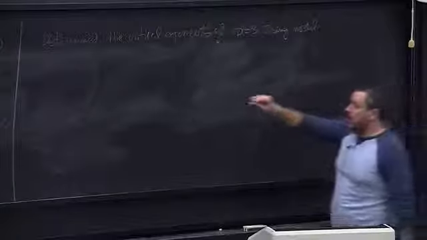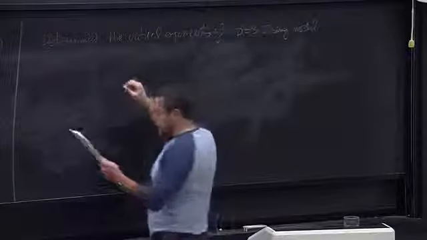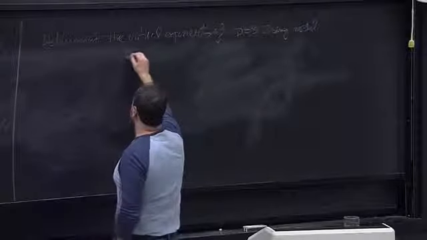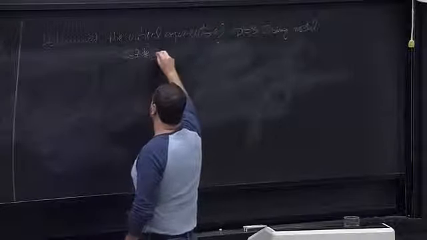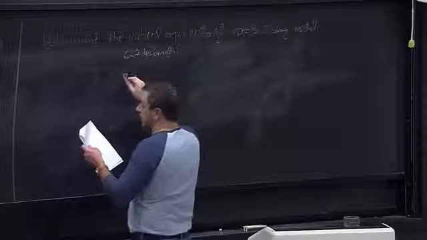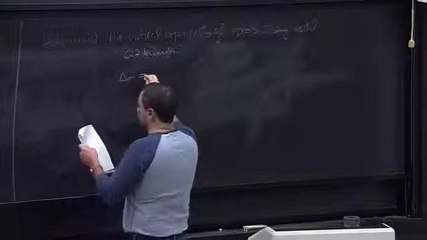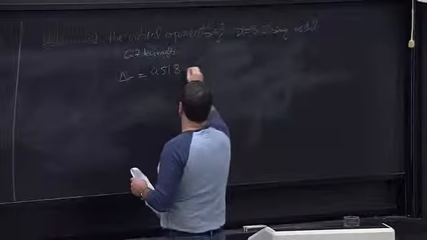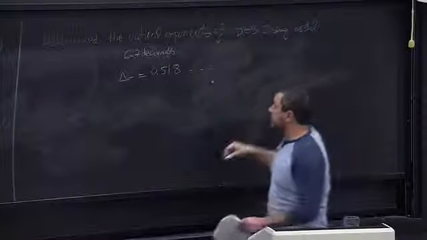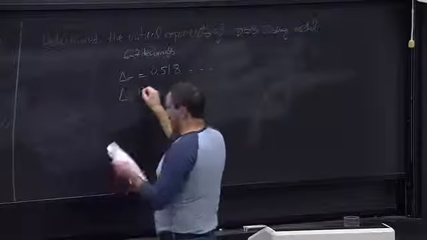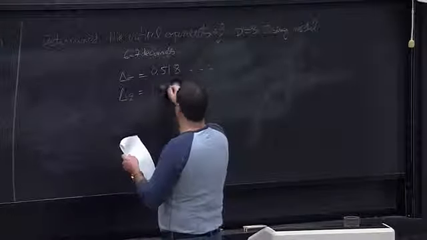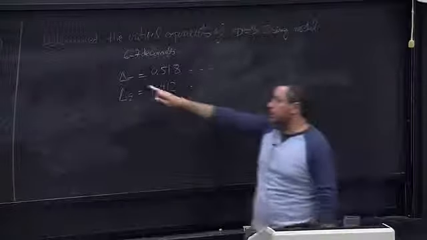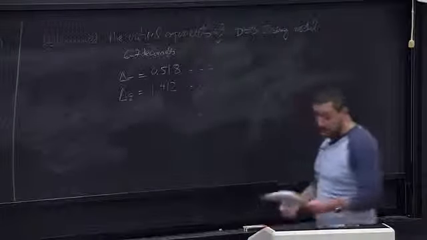Using the bootstrap, the critical exponents were measured to incredible precision, something like 6 or 7 decimals, way better than Monte Carlo can do at the moment. For example, they computed the dimensions of the 2 relevant operators of the Ising model. So this goes for, I don't know, 5 or 6 decimals. This is the dimension of the spin operator, this is the dimension of the energy operator.